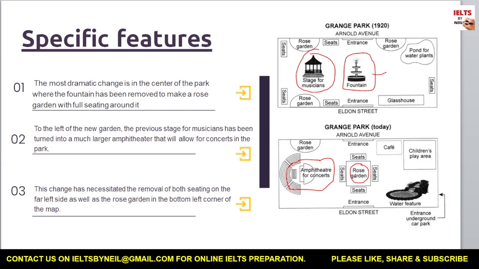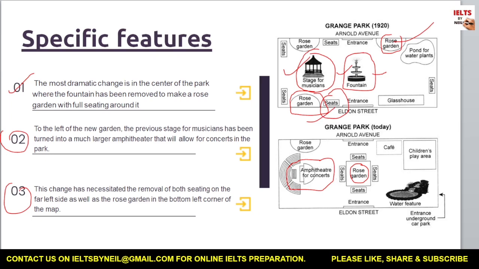So this is the second most prominent development that has taken place. Now, if you have a look, these rose gardens have also been finished, right? Until here, so the first one we have talked about fountain, second one we have talked about amphitheater, and the third one we have talked about these seats, the rose garden here and the seats, right?